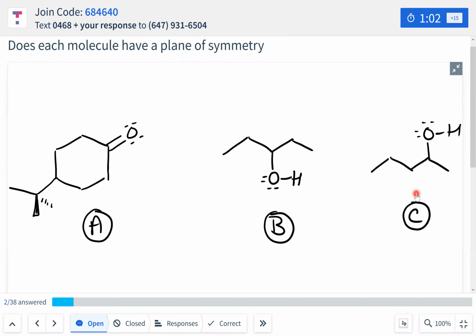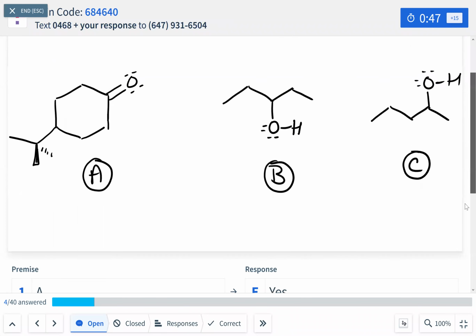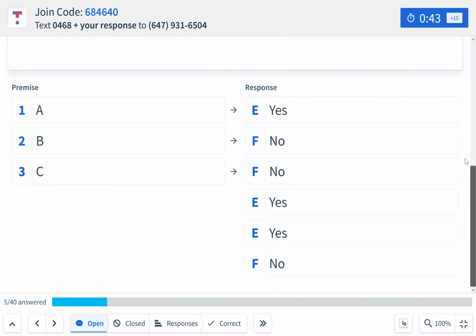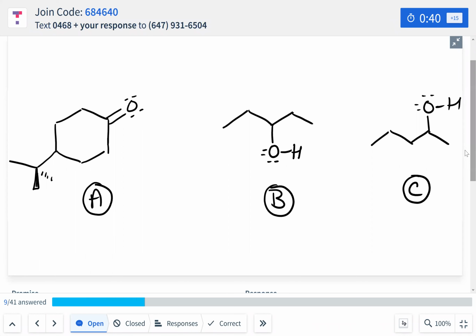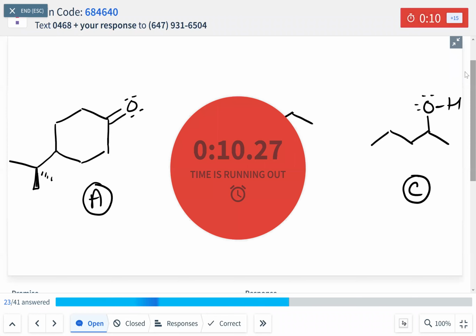So just take a look at them and see if you can recognize where the plane of symmetry is, or if it doesn't exist at all. Let's add some time.